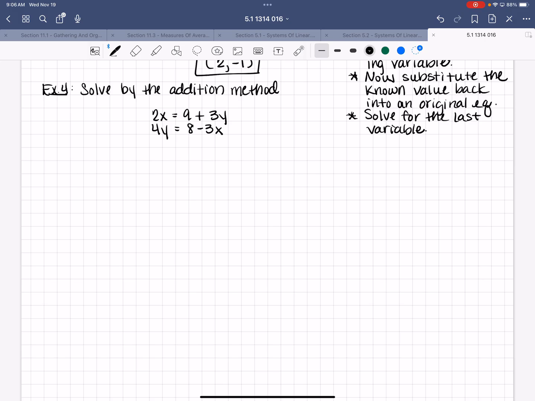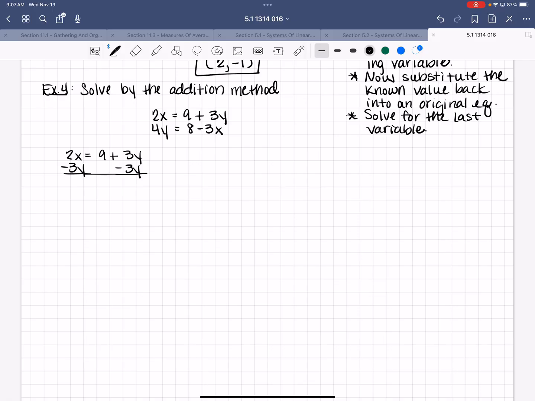So we need to turn this into ax plus by equals c for both of them, okay? So I've got 2x equals 9 plus 3y. Well, what do I need to do? I need to move that 3y over to the left. So I'm going to subtract 3y from both sides.